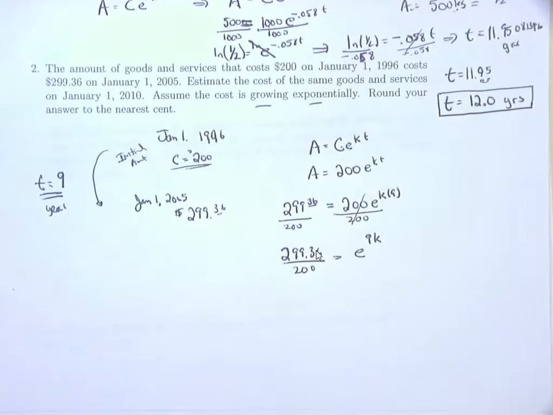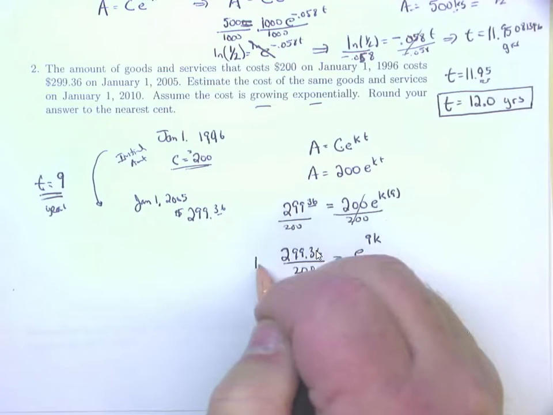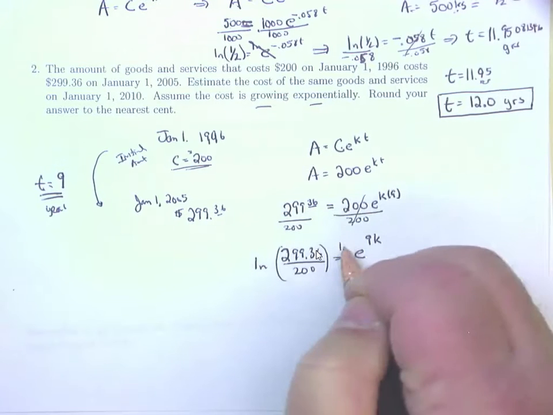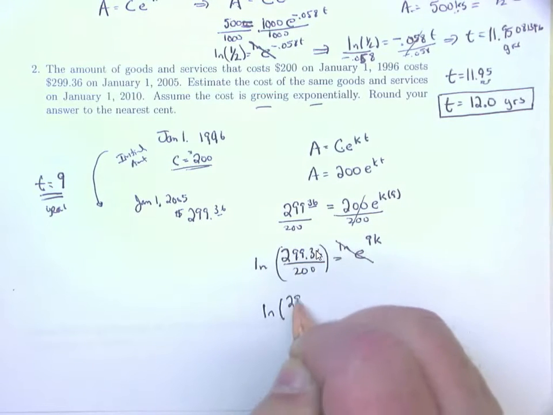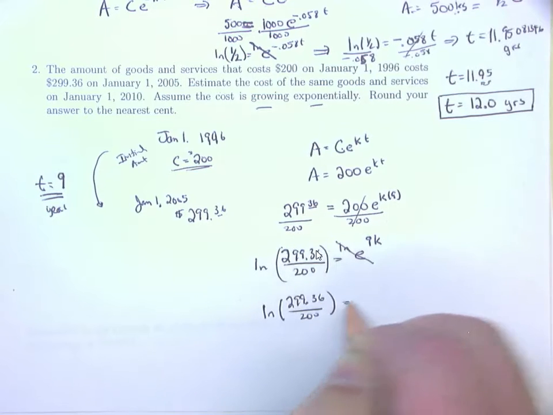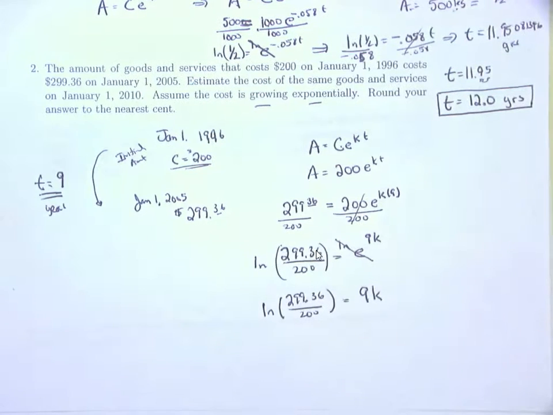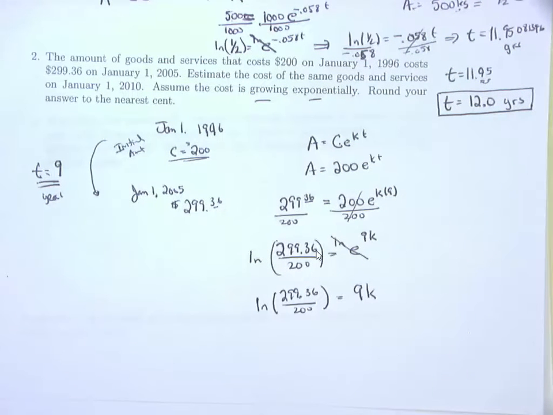What's your next move? What gets rid of that e? Natural log. Take the natural log of both sides. Natural log and e's cancel. This leaves you with the natural log of 299.36 divided by 200 is equal to 9k. What's your last move?